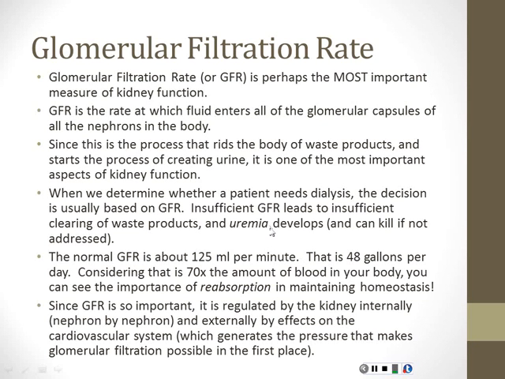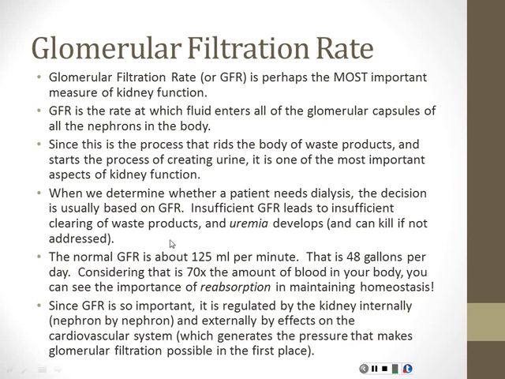That's when we have to put a patient on dialysis, because as the GFR goes down, the waste products in the blood go up because they're not getting rid of them. So we have what's called uremia that develops, where your blood urea, remember urea from our last chapter, gets higher and higher when your glomerular filtration rate is not adequate. So it is a primary measure of kidney function.